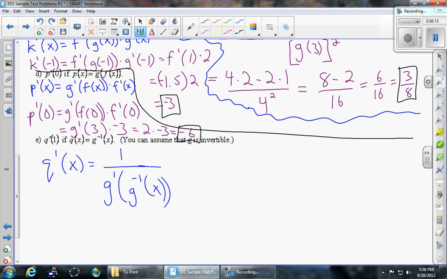So that's our general formula to find the derivative of an inverse function. And now we're ready to replace all those x's with the number. Q prime of 1 is equal to 1 over g prime of g inverse of 1.